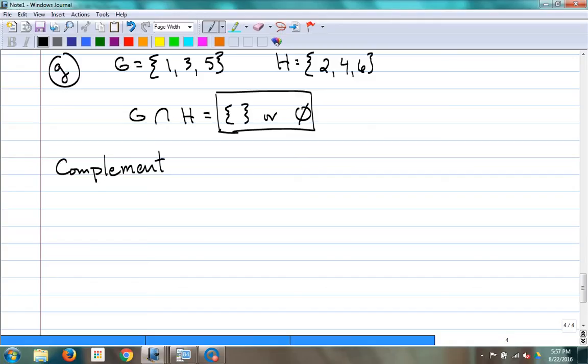All right. Complement with an E in the middle, not an I. Complement not like "I like your shirt," complement like in math world.